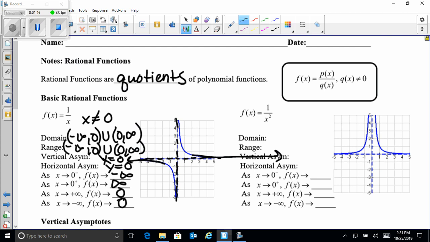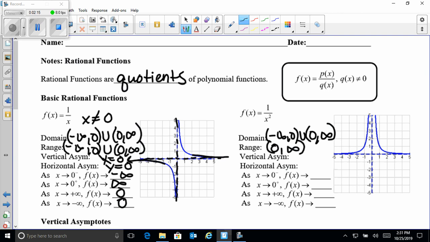So comparing that with this other one, you can see that the pictures are different, but how does that affect our characteristics? The domain is still negative infinity to 0, union with 0 to infinity. You can see that that's how wide it goes. But our range is a little different because this one doesn't exist in the negative region of y, so it is 0 to infinity.